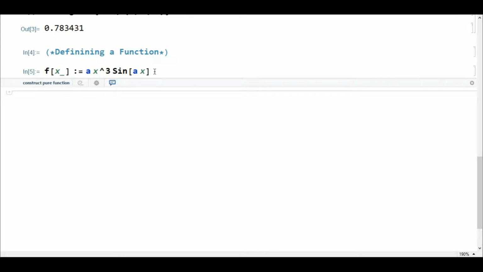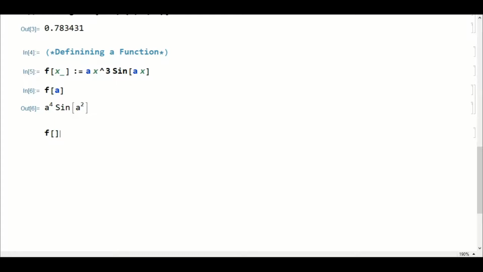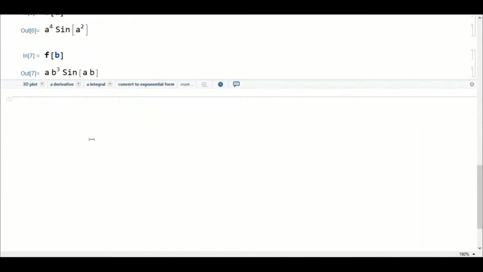Now suppose that I want to find f of a. What will happen if I do f of a? All the variables x will be replaced by a. So I simply have to write f of a, nothing else. If I execute this, you can see that it is a to the power 4 sine of a square. Suppose I want to find f of b, b could be anything. You can see that it is a b cube sine of a b.